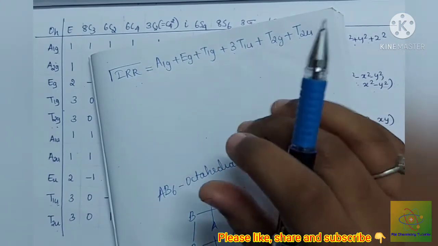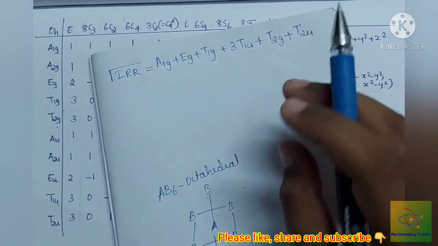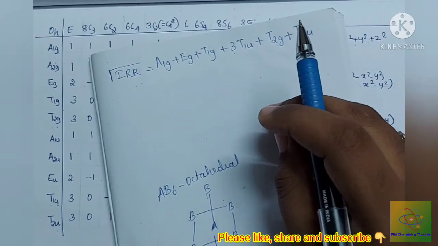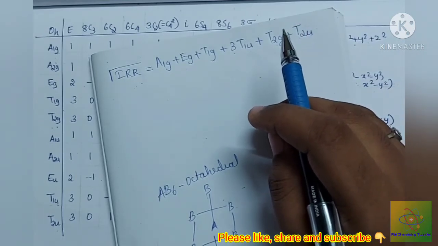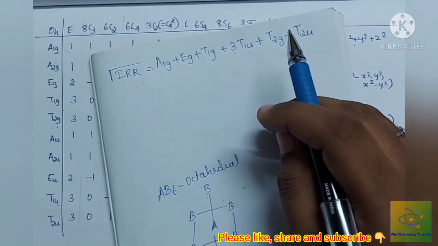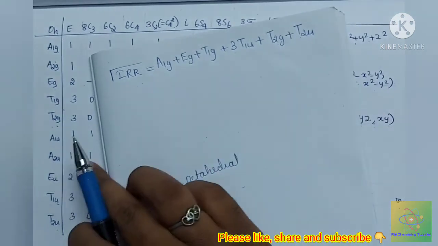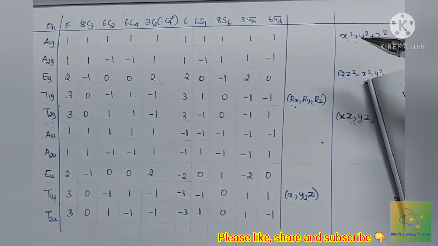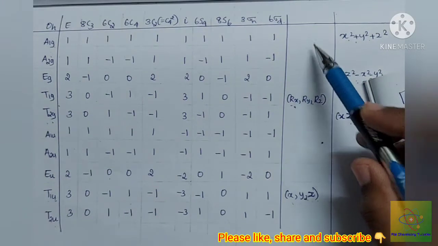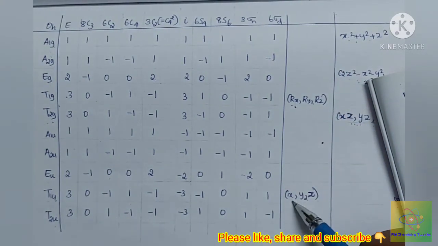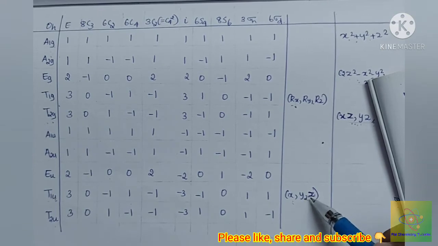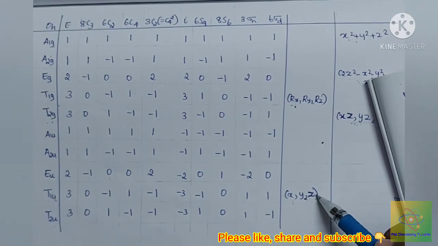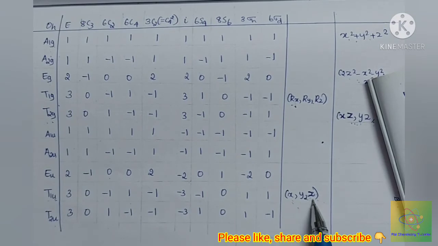So now we are going to segregate these into the translational modes, vibrational modes and also the rotational modes. So first we have to find the translational modes using this character table. As said in the previous videos, from the character table, the number of translational motions can be found out from the second column. That is, if there is X, Y, Z, then it will be the translational modes of motion. So in this case, we have X, Y, Z together.